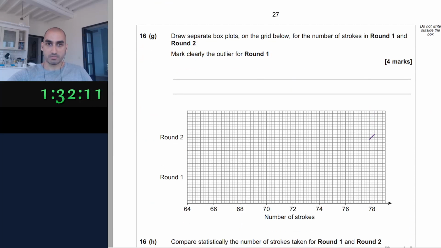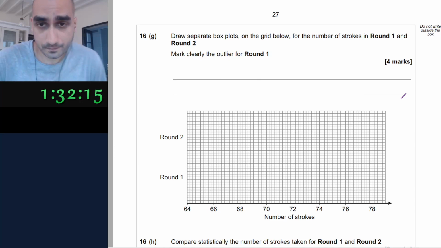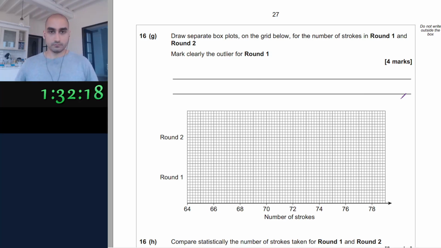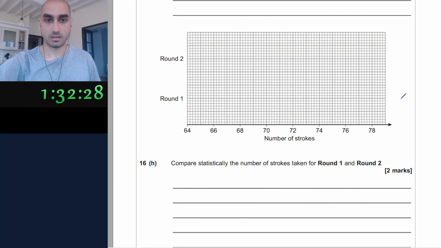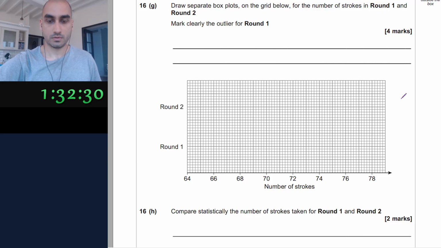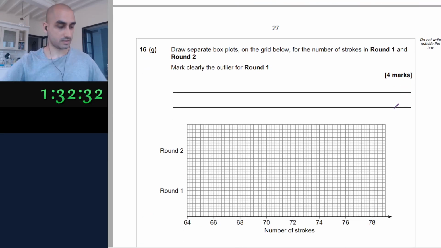Draw separate box plots on the grid below for the number of strokes. Box plots. So that's like box and whiskers. Do they include the whiskers? Okay. So, how's this work again?